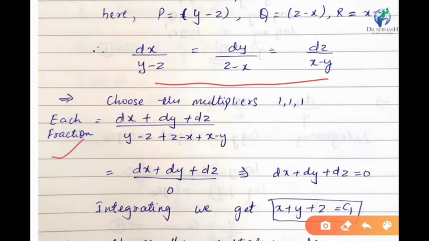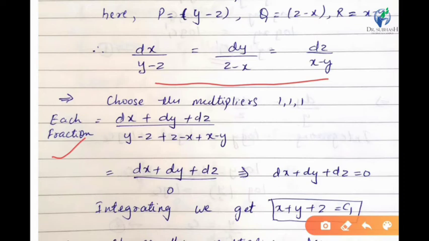Suppose, for the first part, we choose the multipliers as 1, 1 and 1. That is, we multiply all three terms by 1, 1 and 1. So we get dx plus dy plus dz in the numerator, and adding the denominators we get y minus z plus z minus x plus x minus y.